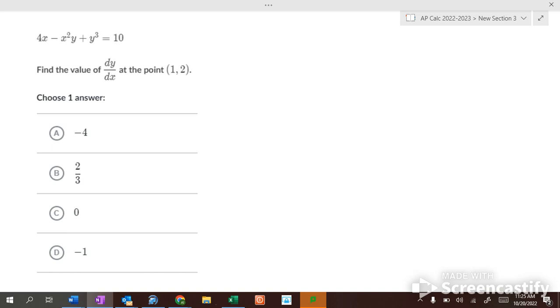What's our first term? 4 minus, and then we have to do the product rule. So it's x squared times dy/dx, because we don't even have to say 1 anymore.